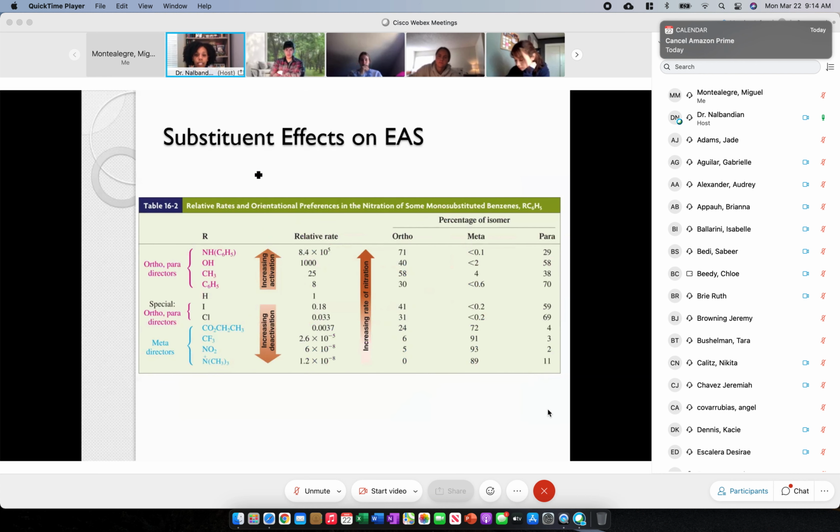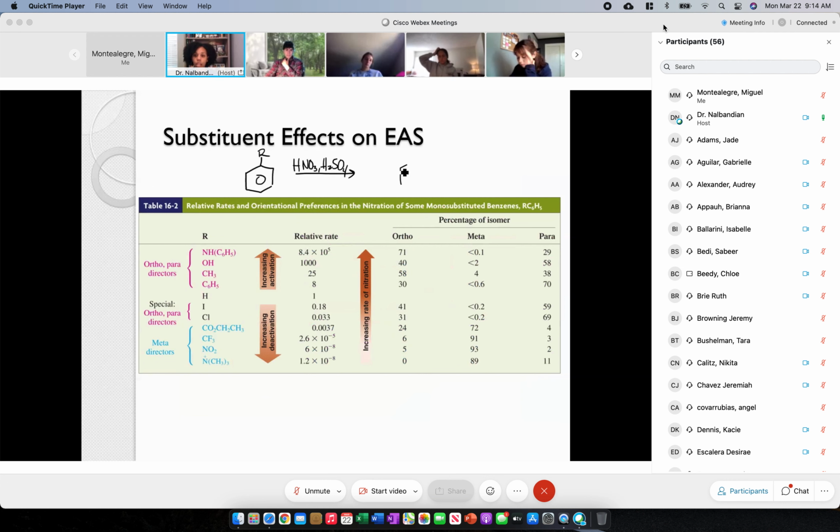But here, what is happening? So they're saying if you have some kind of an R group on this benzene ring and you want to do the nitration. So what's nitration? HNO3, H2SO4. So we have, and look at this bond. I'm going to draw this bond through a bond, NO2, meaning that this nitro can be added to the ortho, meta, or para position.